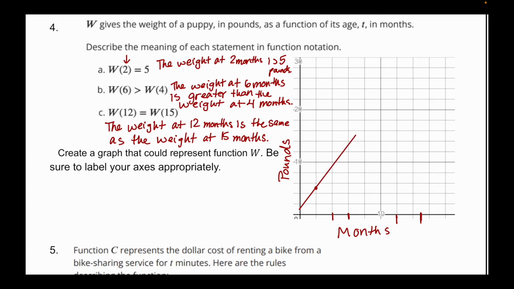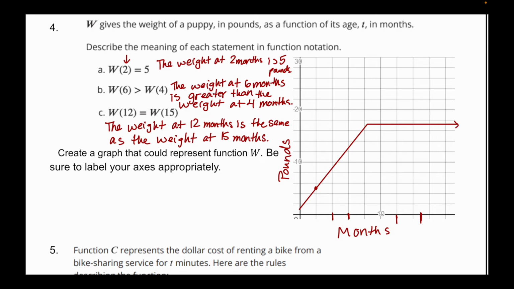And we can just say that our puppy is growing. It's probably going to grow at a different rate than this, but that's okay. And then at some point, puppy's going to stop growing. I know that puppies grow for longer than 9 or 10 months, but we're okay to just continue it here because maybe the puppy has reached its adult weight.